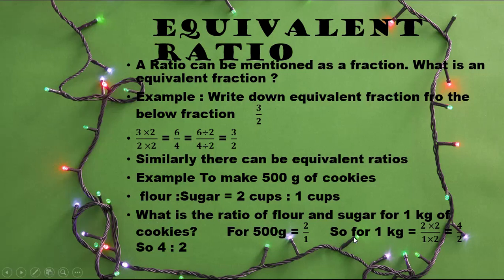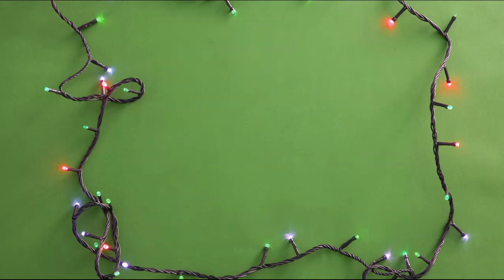So for 1 kg, the quantity must be doubled, so we will multiply both parts of the ratio by 2. 2 twos are 4. 1 multiplied by 2 is 2. So the ratio is 4 is to 2. So an equivalent ratio of 2 ratio 1 is 4 ratio 2. I hope it's understood.